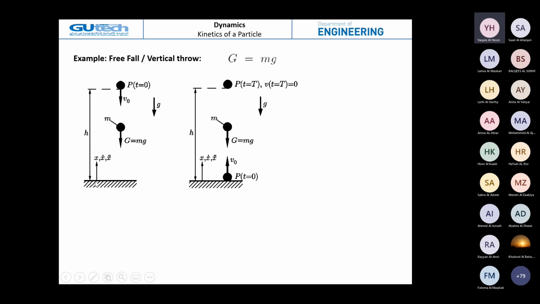We take the coordinate system here. There is only one-dimensional, or unidirectional, motion. In this case, this is the vertical throw.